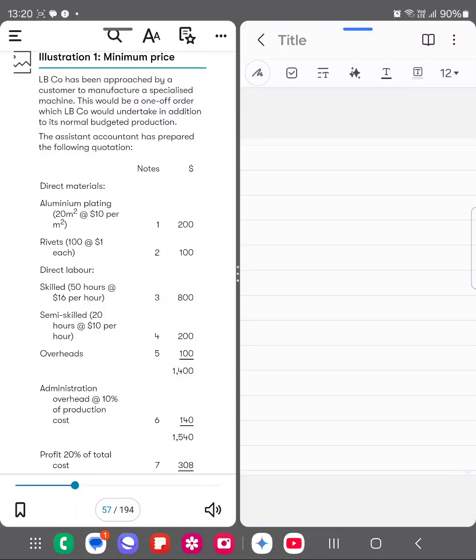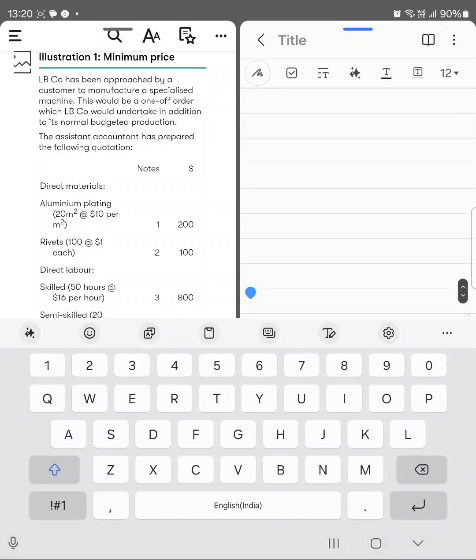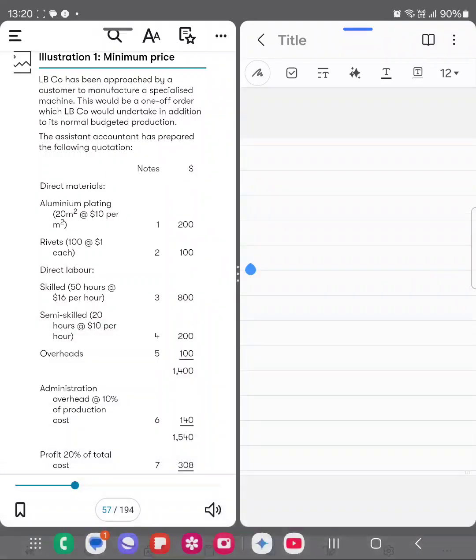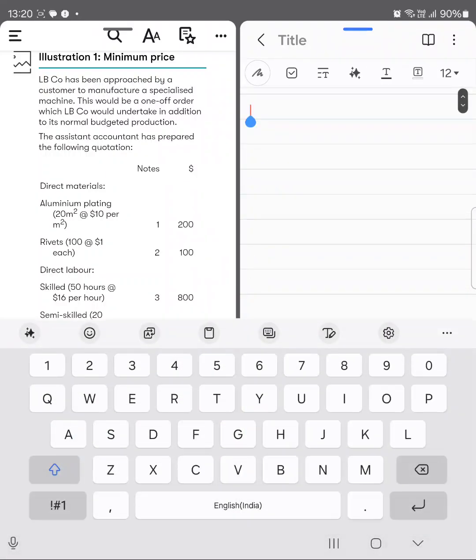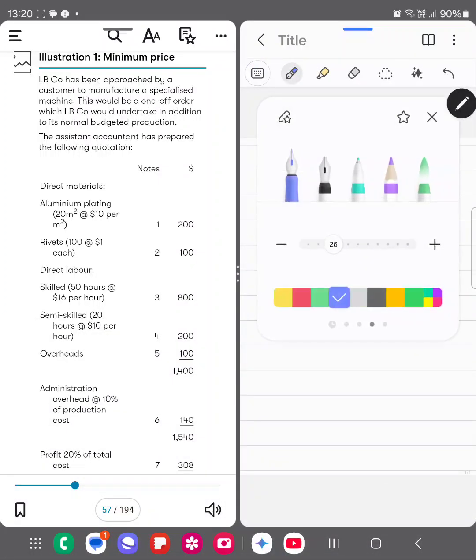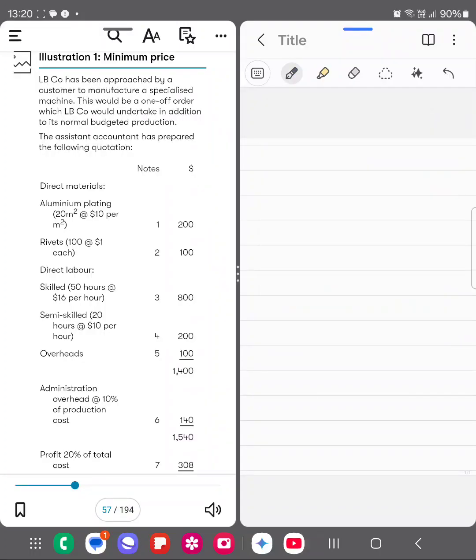Okay, so now let's start doing this question. It's a very good question, and it can also come in your section C as well. So for this, you should write the material cost.